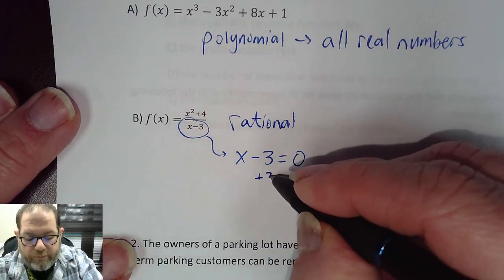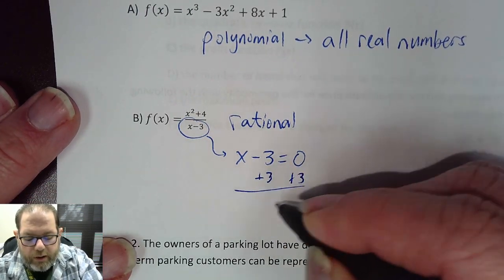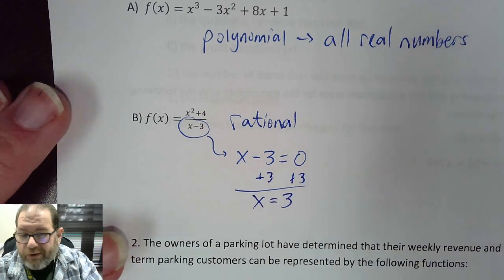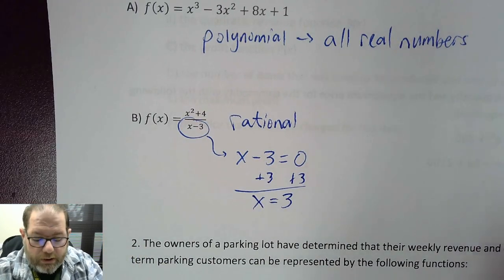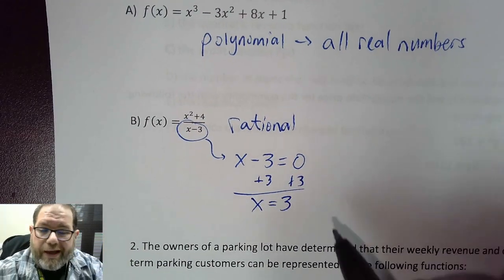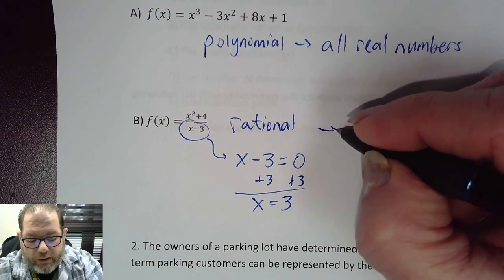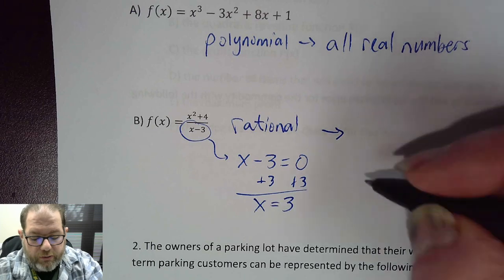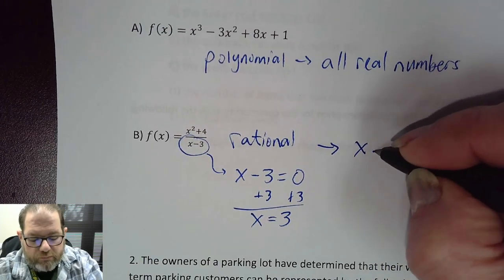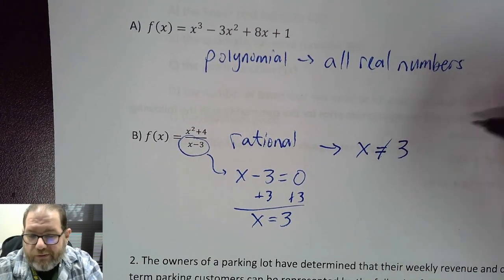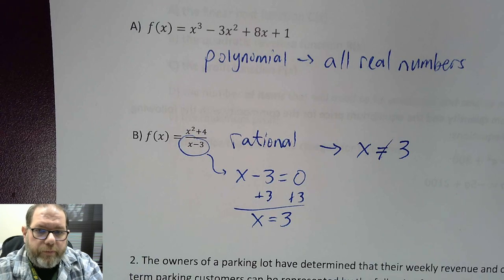We can add the 3 over, and that gives us x equals 3. And we have to be careful because that's not the domain. 3 is the number that cannot be in the domain. So the domain is all real numbers except 3, or we can more briefly say x is just not equal to 3. Okay.